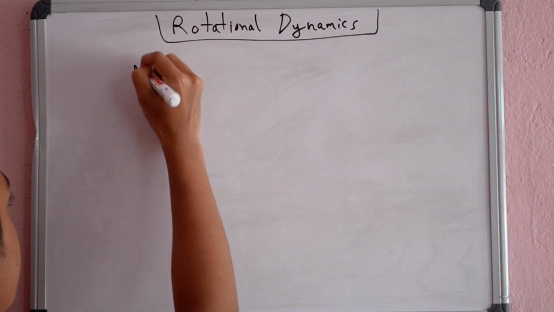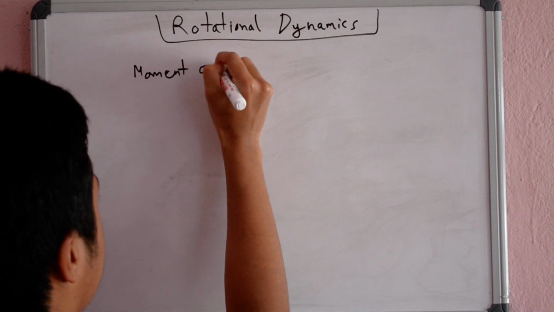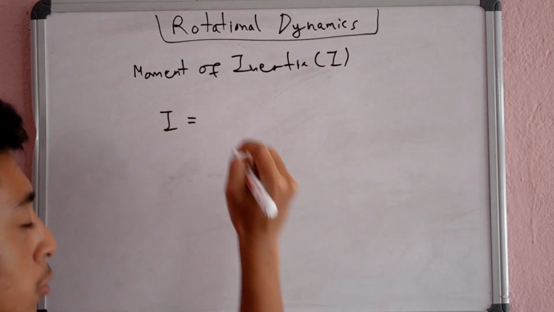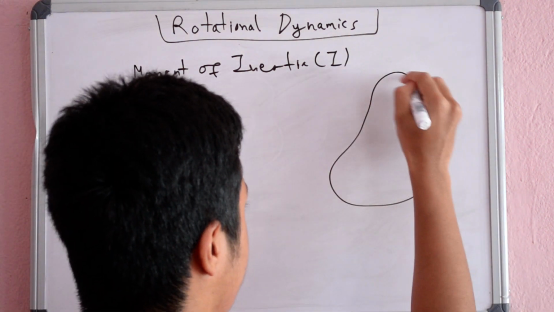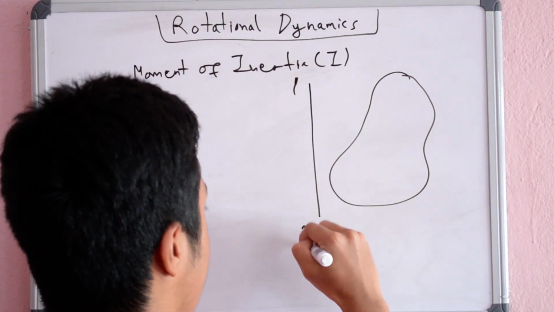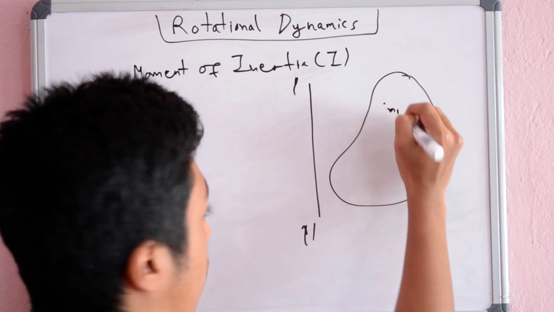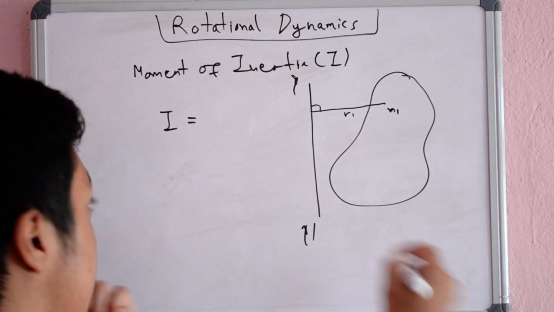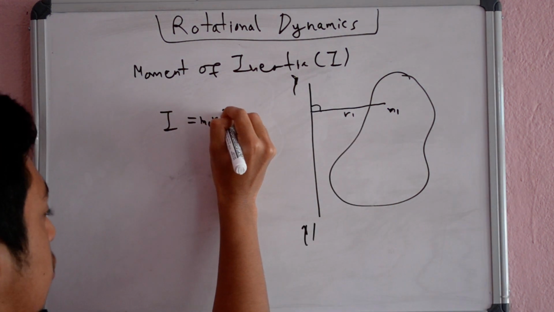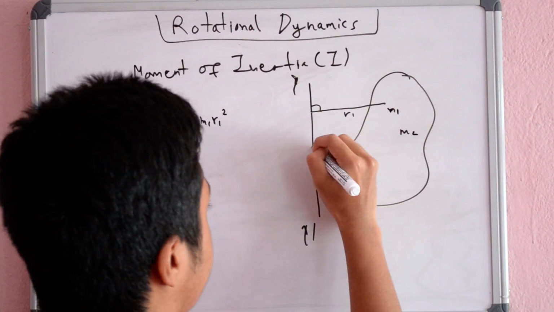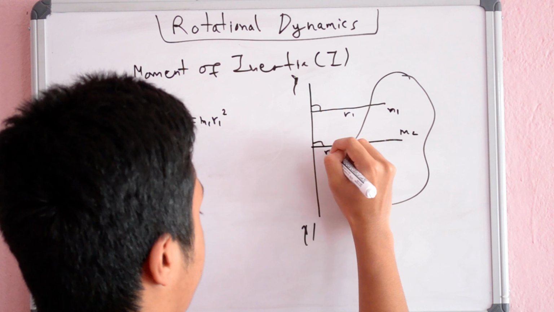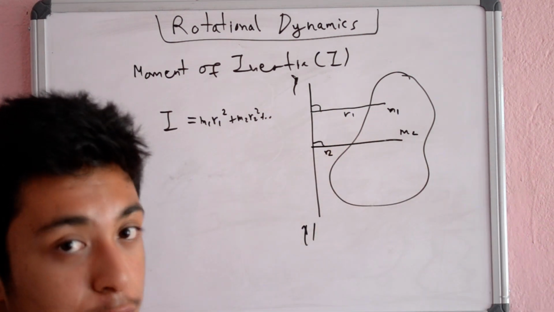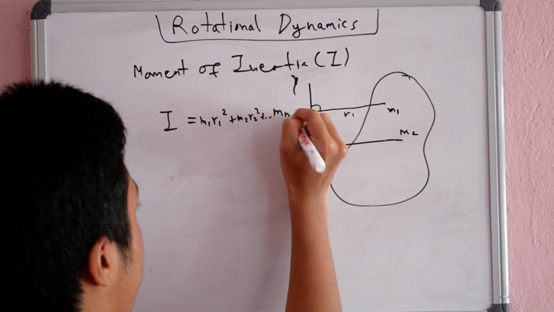So, moment of inertia, which is denoted by I, is equal to, well, if we have a rigid body and an axis of rotation, let's say y to y dash, and the first particle of mass m1 is at a perpendicular distance r1 from y dash, then this is m1 r1 square, and another particle, let's say m2 at a radius r2, plus m2 r2 square, and so on for more particles, and mn rn square.